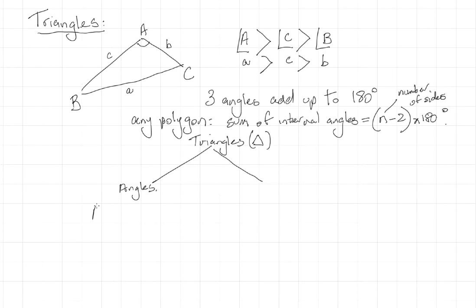We can have acute angled triangles, and that just means all angles, the abbreviation for angle is the L shape, are less than 90.